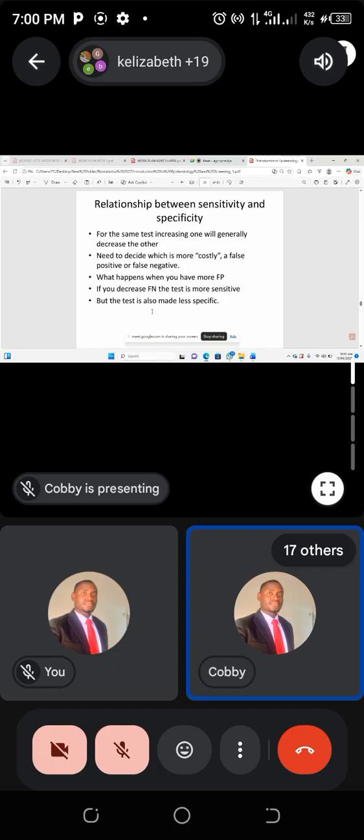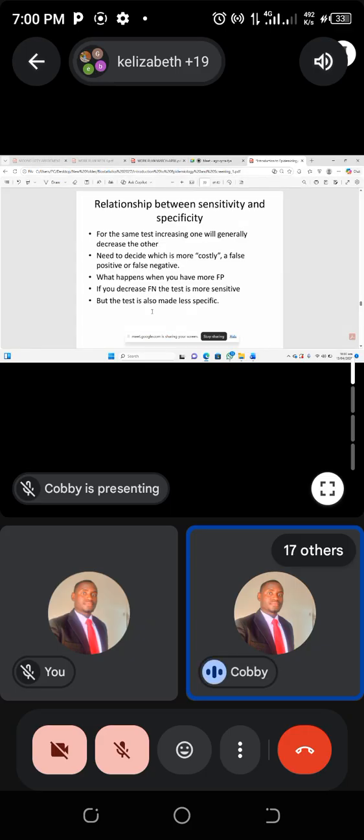Which one is more costly? Okay. So what you need to know again is what happens when you have more false positives, and if you decrease false negatives, the test is going to be more sensitive.